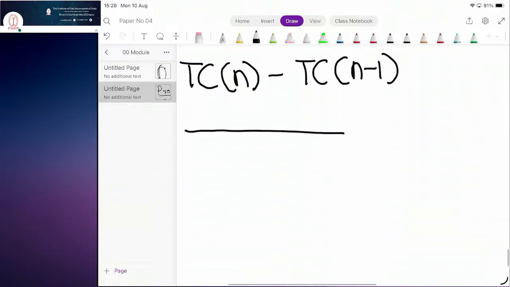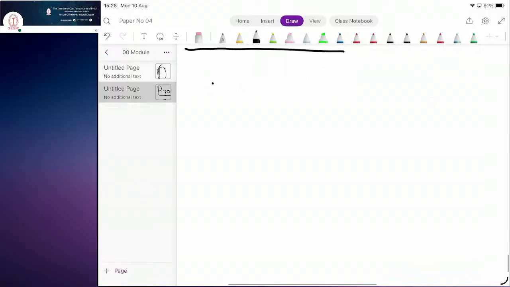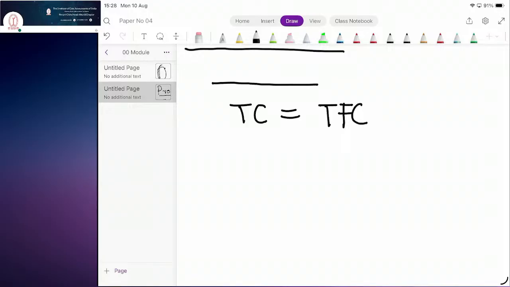Okay, so let us write this equation again. TC is equal to TFC plus TVC. Correct? Everybody understands the two equations. What does this equation state?